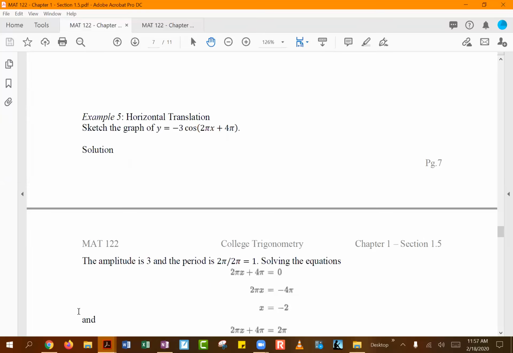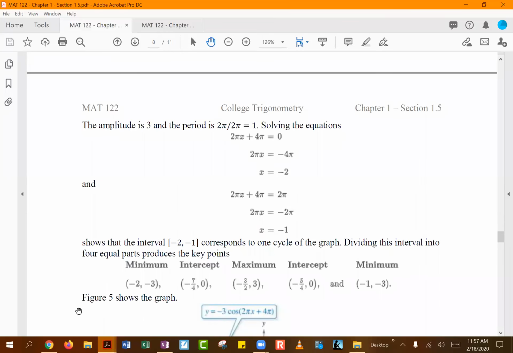So 2 pi divided by 2 pi gives you 1. So the period actually is going to shrink in this case, because you're only going from 0 to 1 now in your period. And of course, solving your equation, you take the 2 pi x plus 4 pi and set it equal to 0 for the first part and set it equal to 2 pi for the second part, and that will give you your interval for your period.